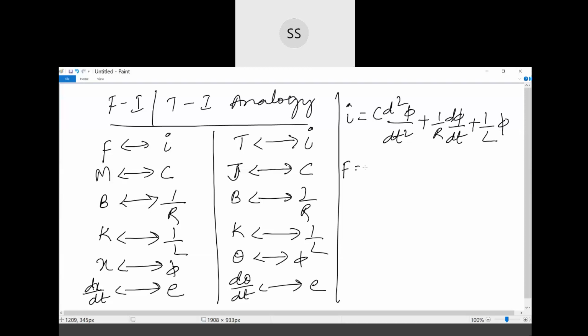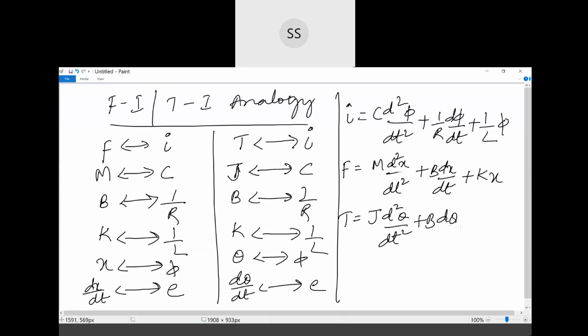But in case of force, we have m into d square x by dt square, plus b into dx by dt, plus k into x. Similarly for torque, J into d square theta by dt square plus b into d theta by dt plus k into theta.